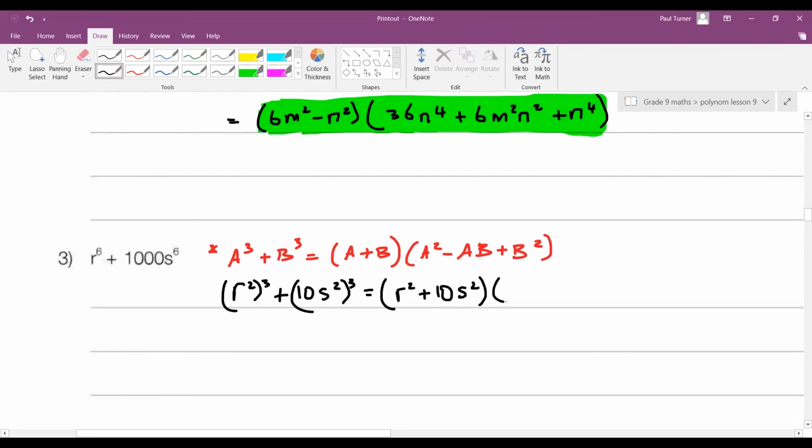Then we got 5r squared squared minus 5r squared times 10s squared plus 10s squared squared, like that.